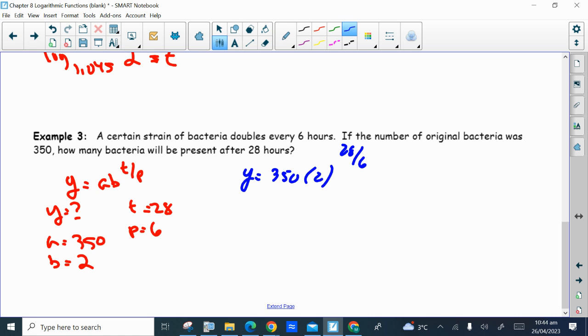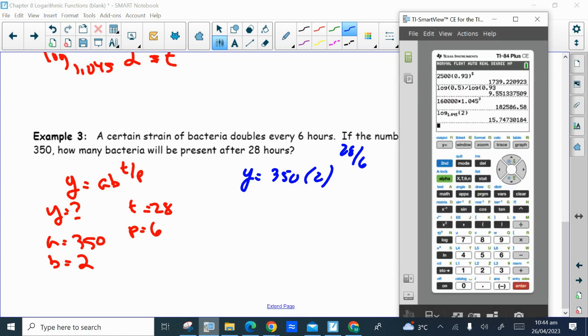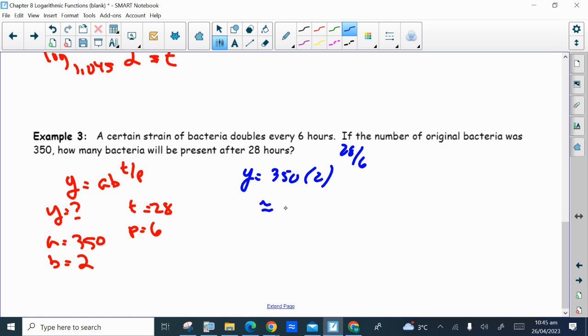It's continually growing so that every 6 hours the amount doubles. But we can put this into our calculator all in one step. And there's the number of bacteria after 28 hours. If we round it to the nearest bacteria, 88, 89 bacteria.